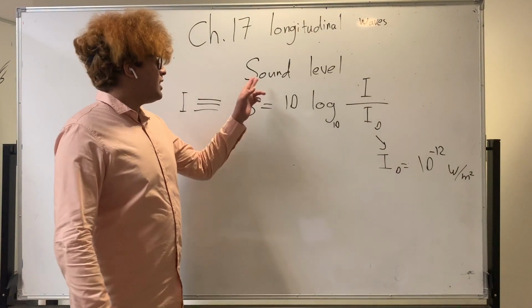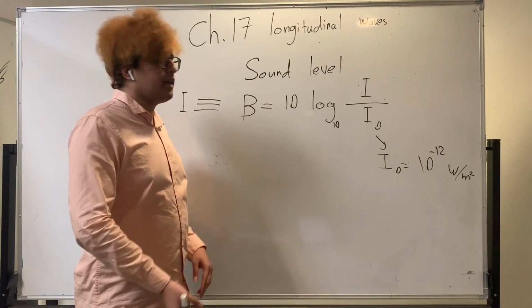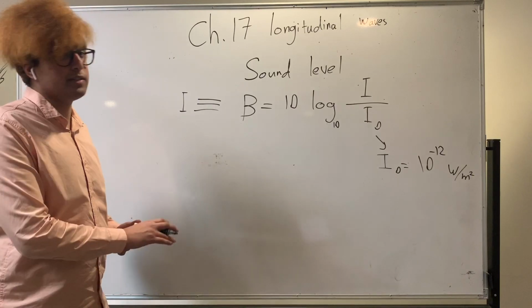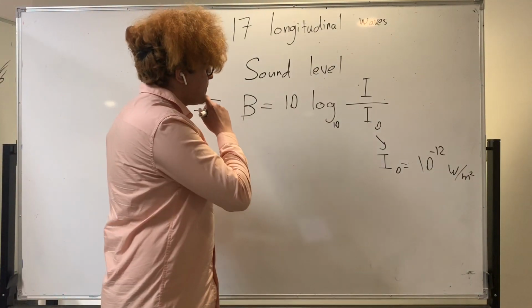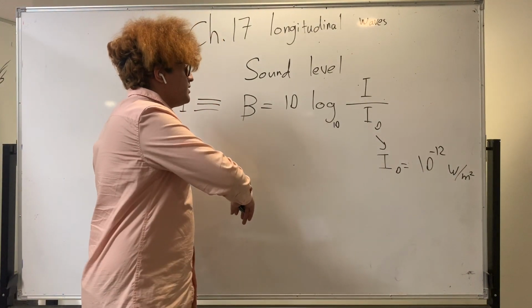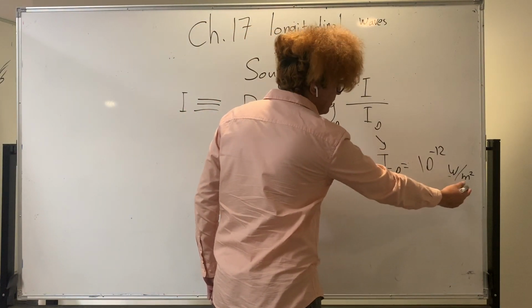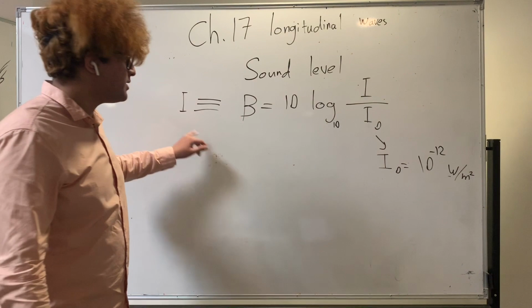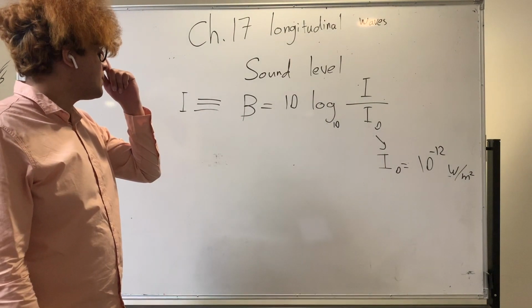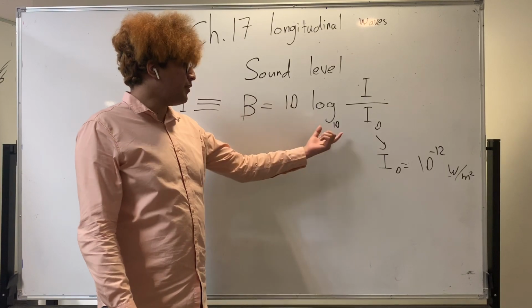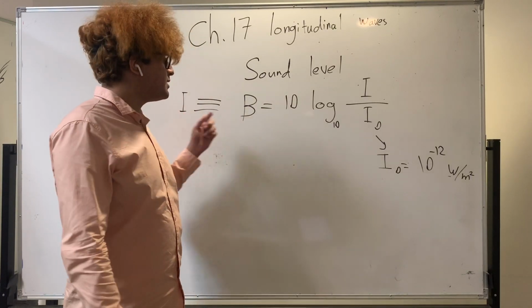Alright, so sound level is basically another way to express intensity. So intensity and sound level are equivalent in a way. They have the same unit, like the unit for sound level is watt per meter squared, and the unit for intensity is the same, watt per meter squared. So sound level is basically a logarithmic way to express intensity.